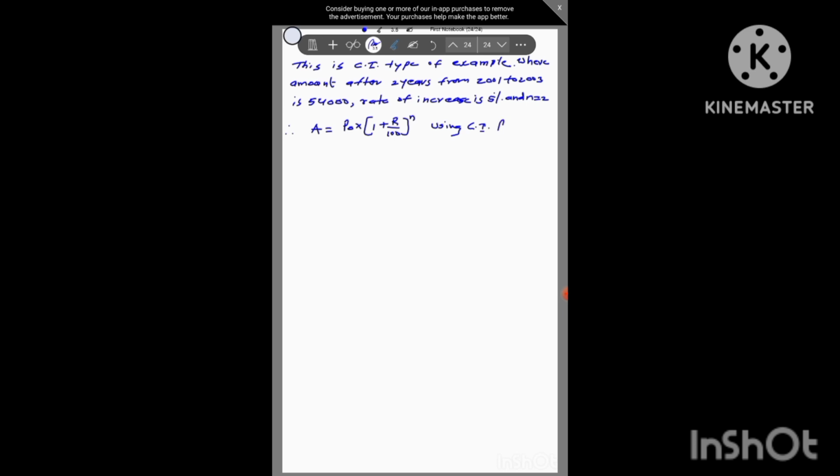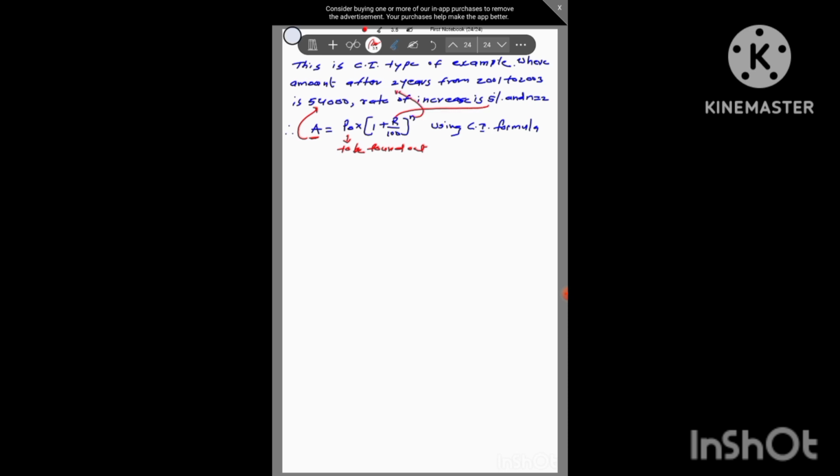So A equals P0 into 1 plus R upon 100 raised to N, using the compound interest formula. In this case A is given, the amount after 2 years, and P0 is to be found. Now you can substitute the values.